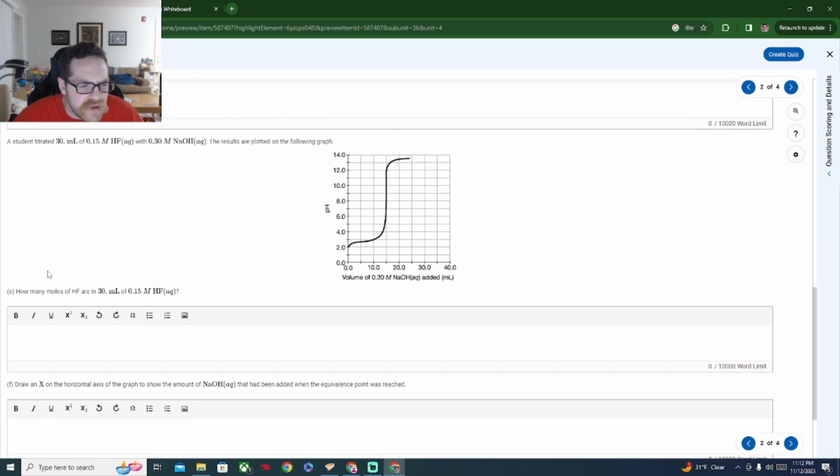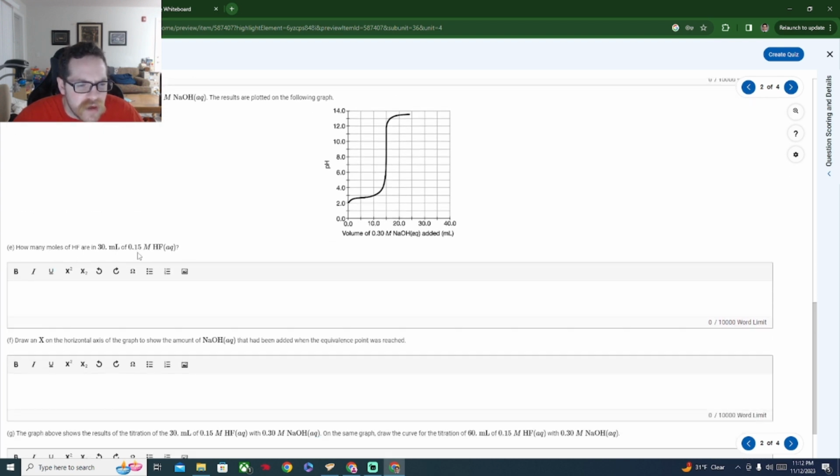How many moles of HF are in 30 milliliters of 0.15 molarity of HF? This is just, all right, solution chemistry. This is just calculating molarity. So 30 milliliters can be, right, 0.03 liters, right? 30 divided by 1,000 multiplied by 0.15.